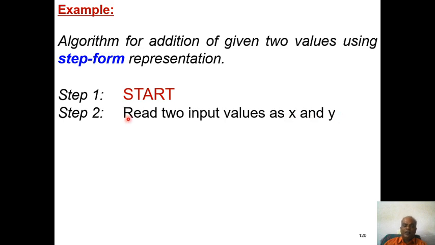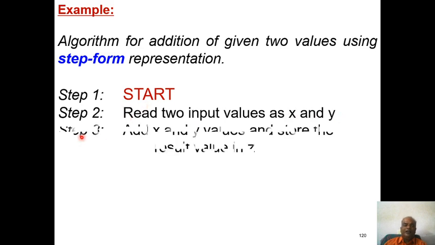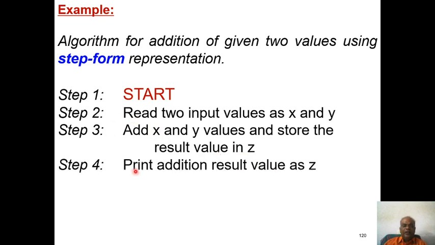So this statement is meant for accepting the data. Add x and y values and store the result value in Z. Add is the operation. And print, or maybe write, addition result value as Z. Stop. So here the algorithm can be in between start and stop, or begin and end.